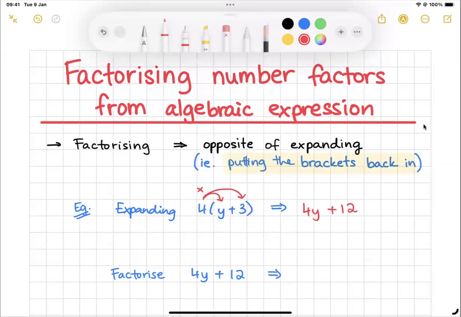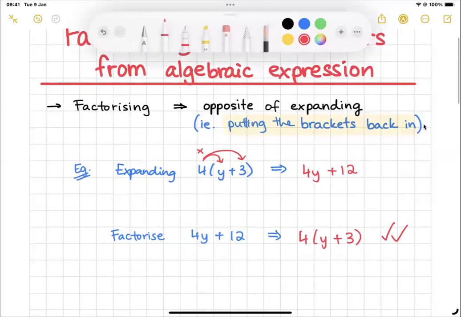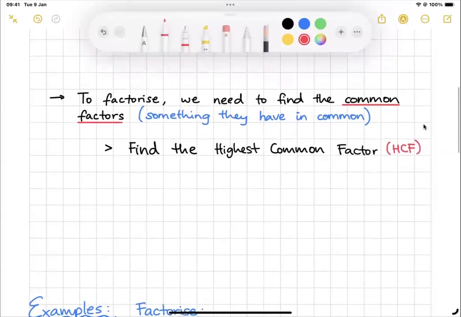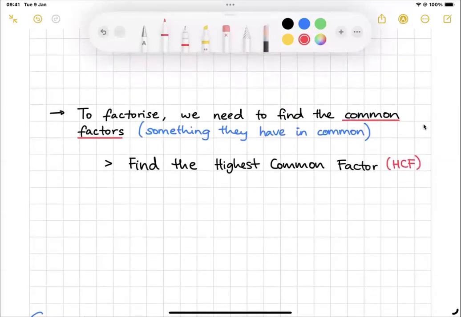Factorizing is the other way around. So it's me going with the answer 4y plus 12 and putting it back as a bracket. That's basically it. This is what we will be focusing on today. Okay, to factorize, we need to find the common factor, or in other cases, something that the terms have in common.